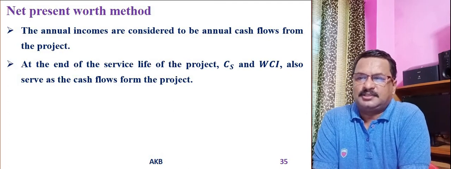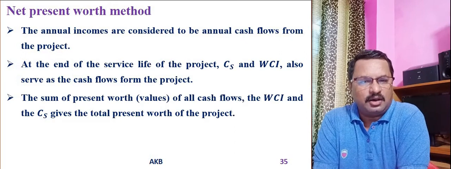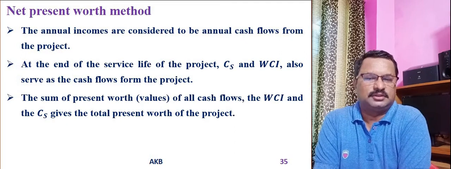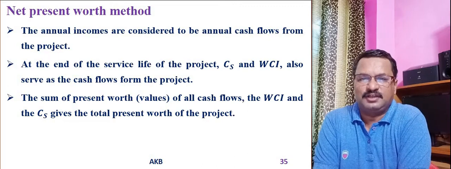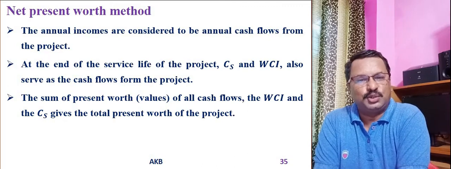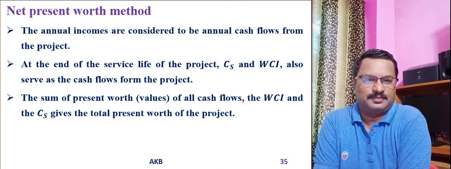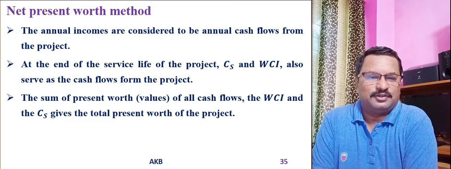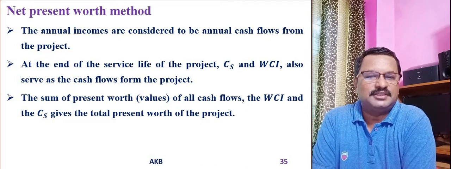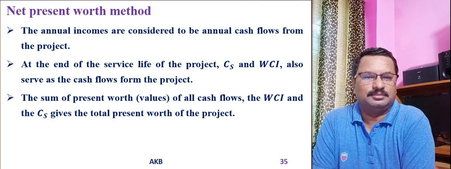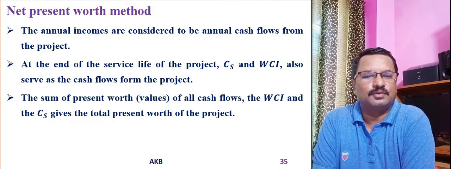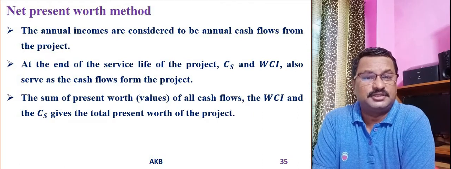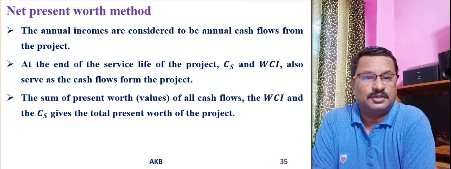Then the sum of present worth of all the cash flows, the working capital investment and the salvage value of the project will give the total present worth of the project. To obtain the total present worth, you have to add the present worth of each annual income, then the present worth of working capital investment and the present worth of salvage value of the project.